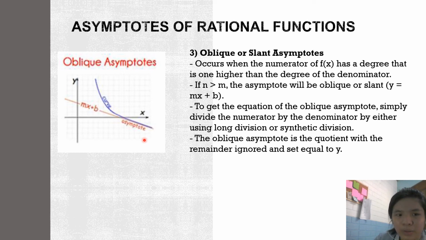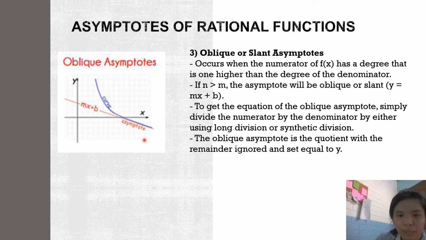Kapag yung degree ng numerator is less than the denominator, the asymptote is y is equal to 0. Kapag yung degree ng numerator is equal lang sa degree ng denominator, asymptote is y is equal to a over b. Where a and b, there are both leading coefficient of a certain function, right?